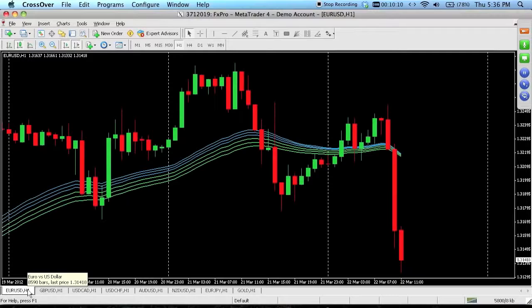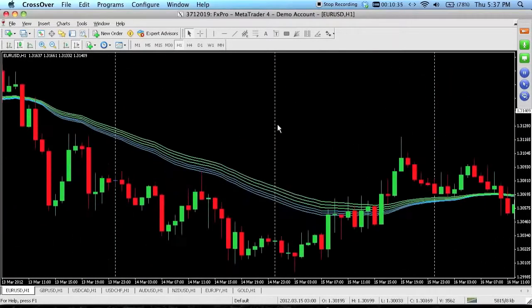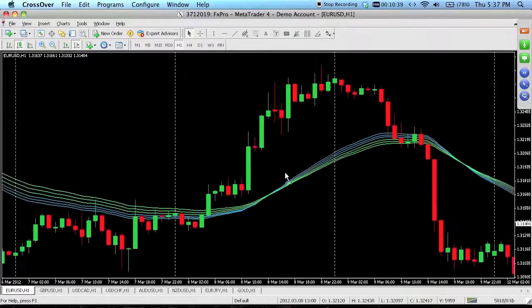Now this strategy, I personally really dislike indicators, as you have probably known from all of my previous webinars. But the way I've created this strategy is we're combining price action with a moving average. I've put together several moving averages, and with these moving averages, we're looking for price action to happen around these lines.